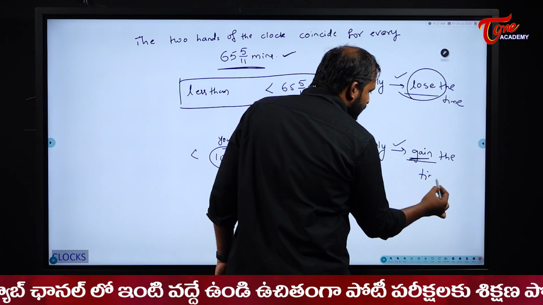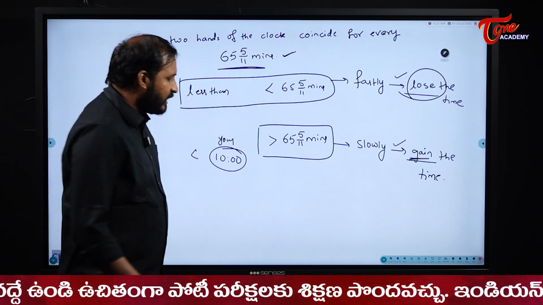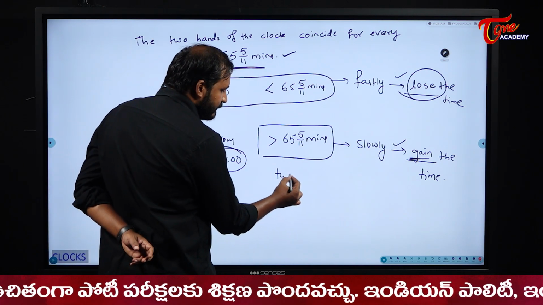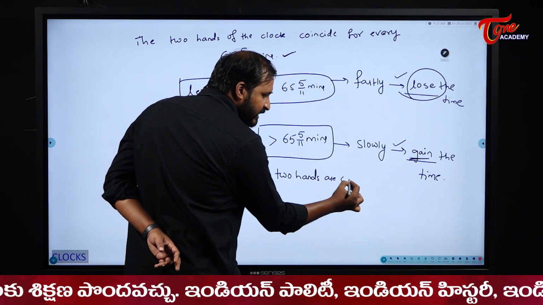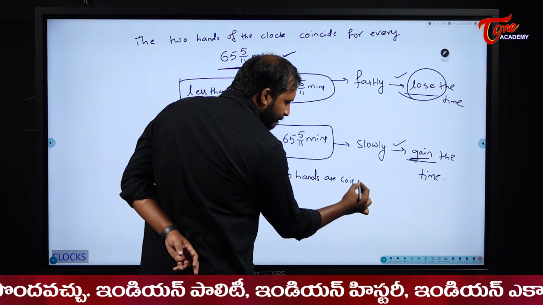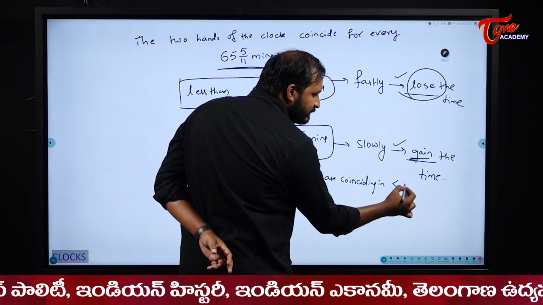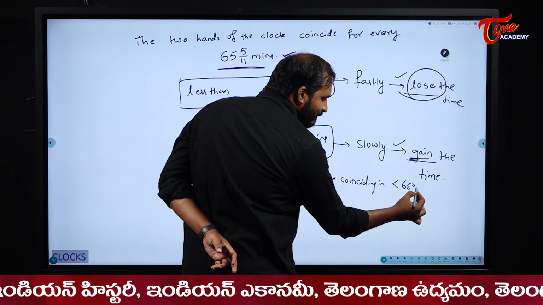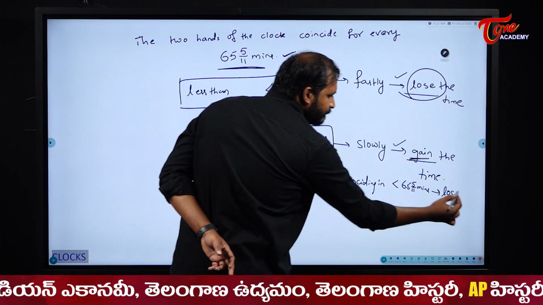Please keep this thing in your mind, students. If the two hands coincide in less than 65/11 minutes, you will lose the time.